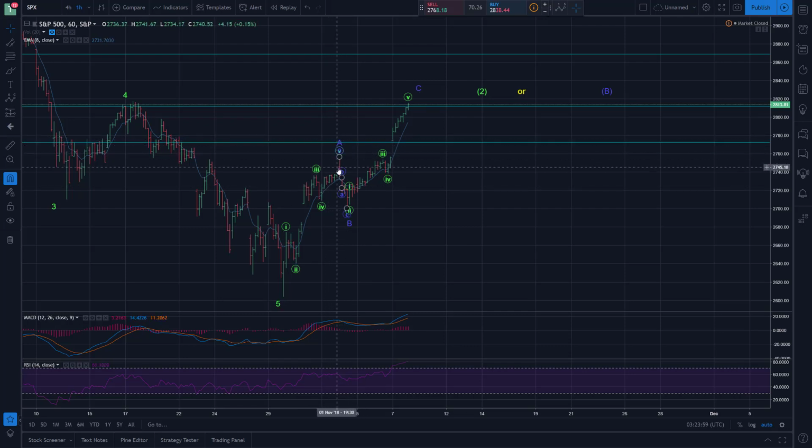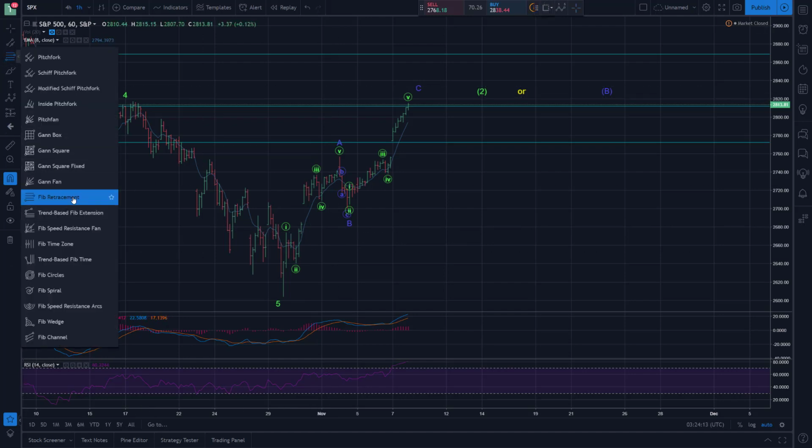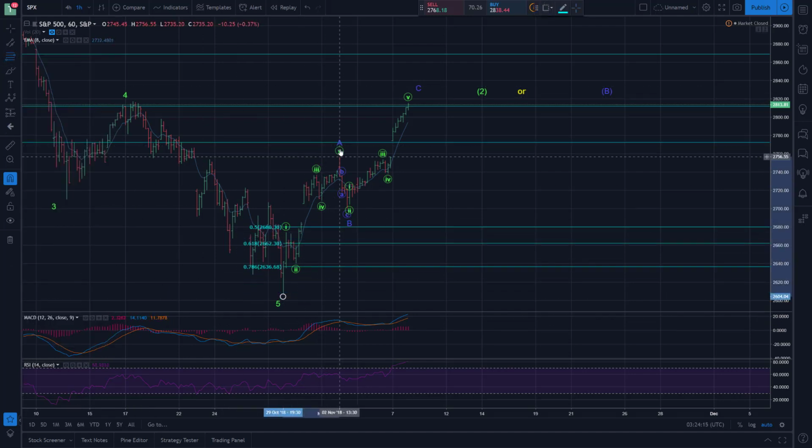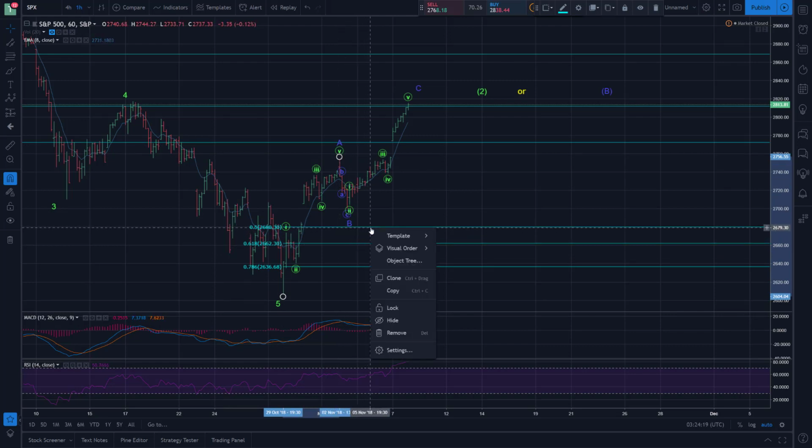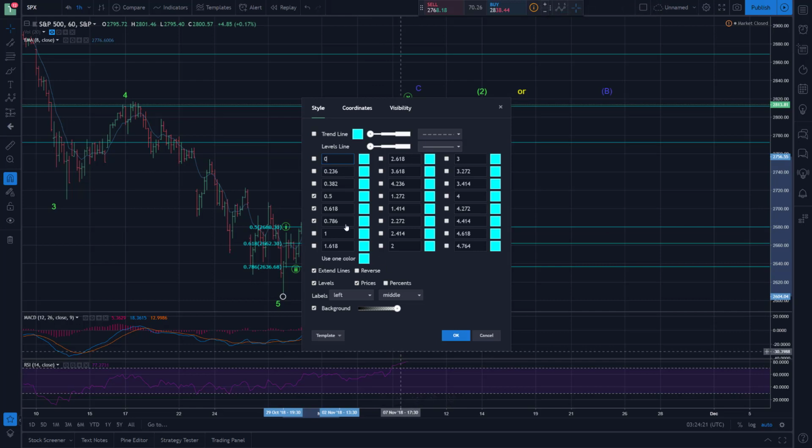Now, I was anticipating a deeper wave B decline than how it actually unfolded. Ideally, I was looking to maybe fill this gap we made from last week and maybe go into a fib retracement zone, a more common one, maybe the 50 or the 618, but we didn't get down there. It was a shallower pullback for wave B.